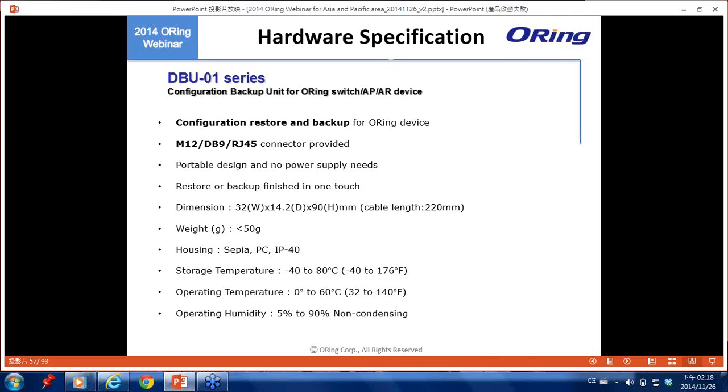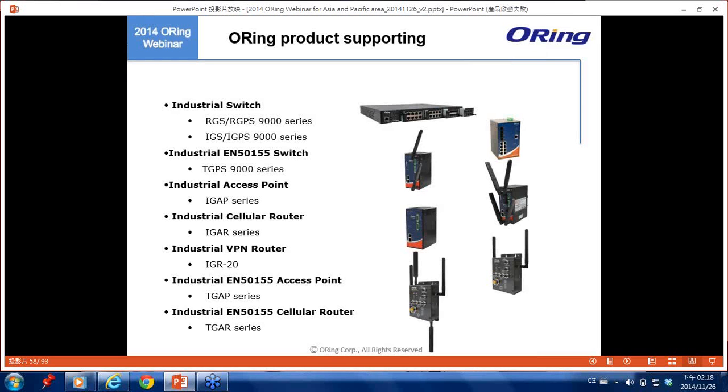The dimension is very small and really light. The weight is less than 50 grams. There's no power supply needed here. For ORing's products, which you can see here, we have different series that support the data backup unit.